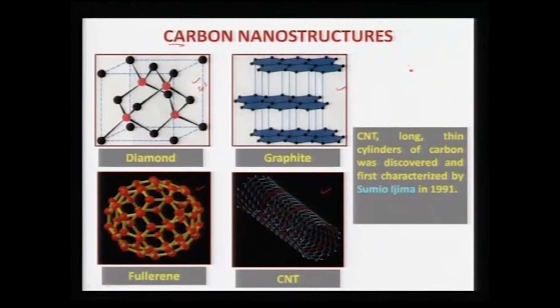It means that each carbon atom is attached to 4 other carbon atoms, and that gives very high strength, very high hardness, and very high stiffness to the diamond. Each carbon is sitting at the tetrahedral and is connected to the 4 carbons. That is why carbon can exist as diamond, one of the hardest known materials, and that requires sp3 hybridization.